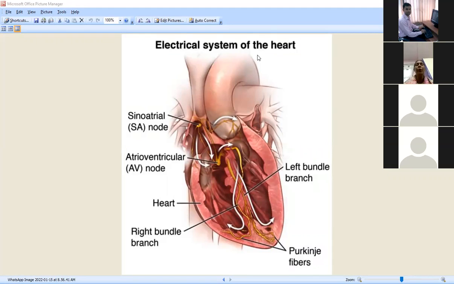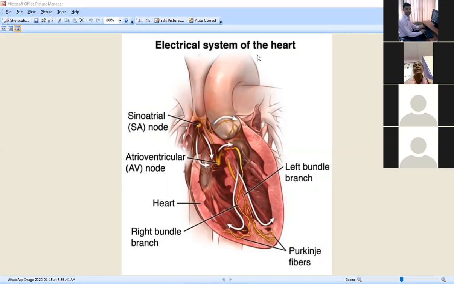Those who know, doesn't matter, and those who don't know, they must see the difference between arteries and veins. First of all, when we draw arteries, they are red in color, while veins are blue in color.